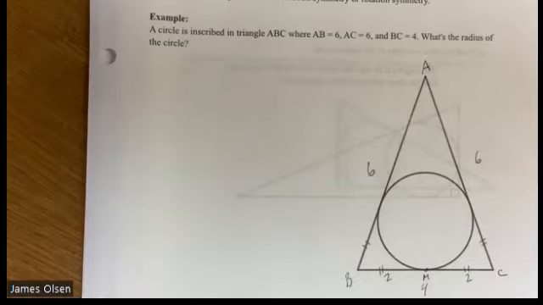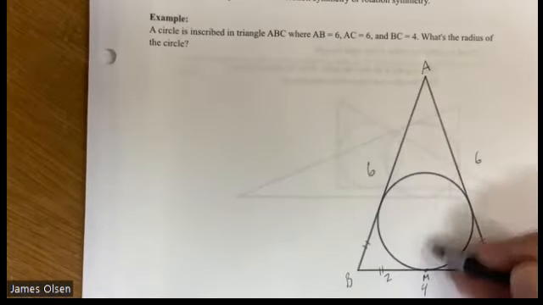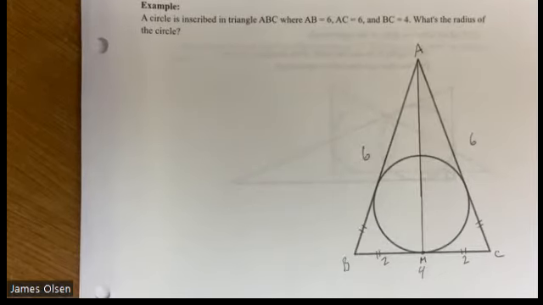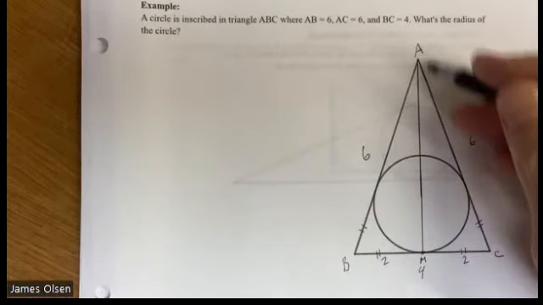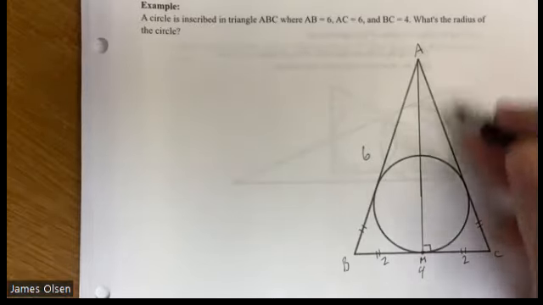The first thing I'm going to do is draw a line right down the middle. This is going to make this nice and symmetrical with two right triangles. So let me draw that perpendicular down the middle. All right, now what can we do? Well, by symmetry, this left-hand triangle is congruent to this right-hand triangle, which means we have a right angle here.